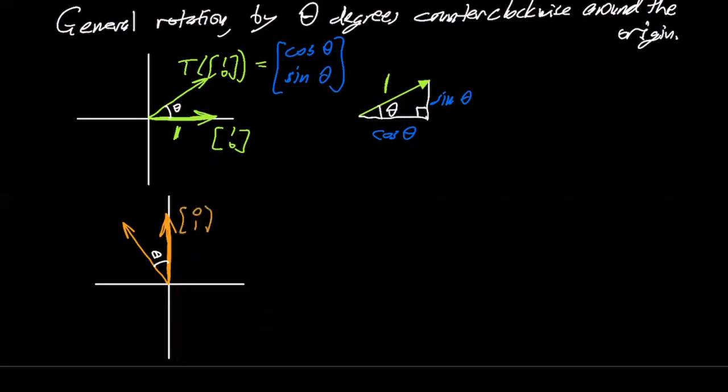This is the vector 0, 1 now, and this is T of 0, 1. If I just rotate the whole thing, it's the same as taking this triangle over here and rotating it 90 degrees also, right?